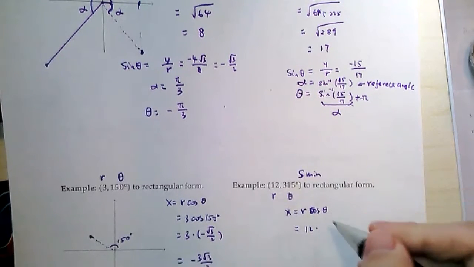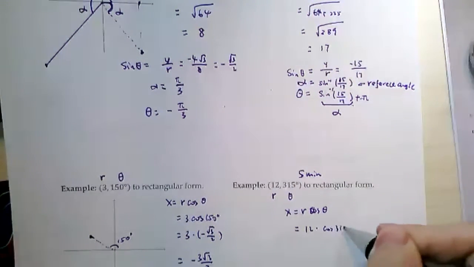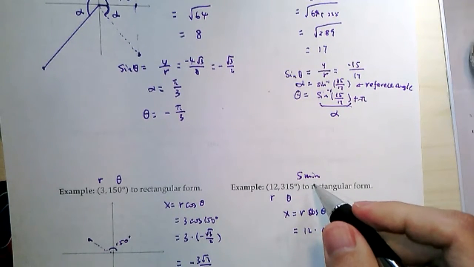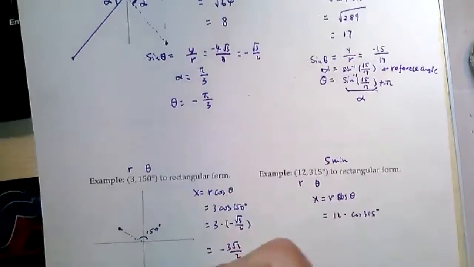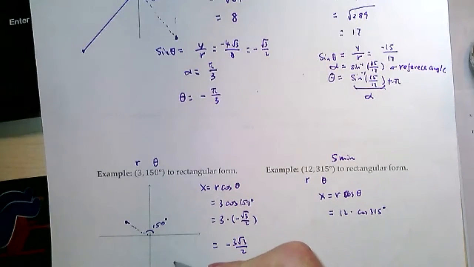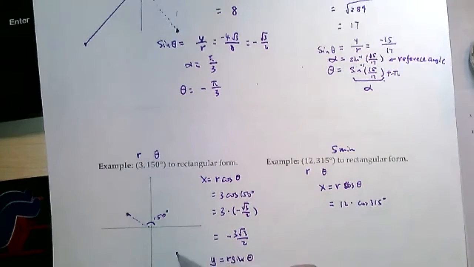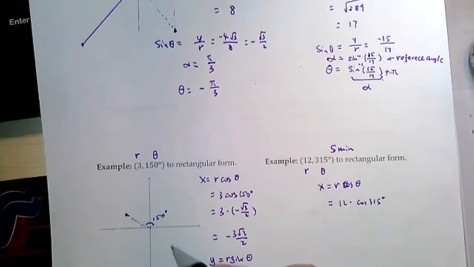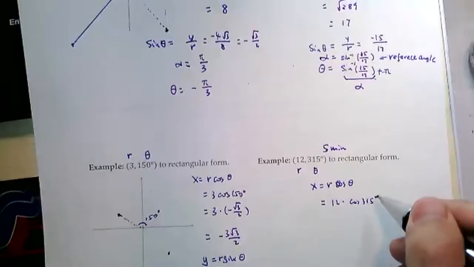Okay, r cosine 315. 315 is a very wide angle. It is in the fourth quadrant, right? So somewhere here, okay? This is not an exact point. This is in the fourth quadrant.